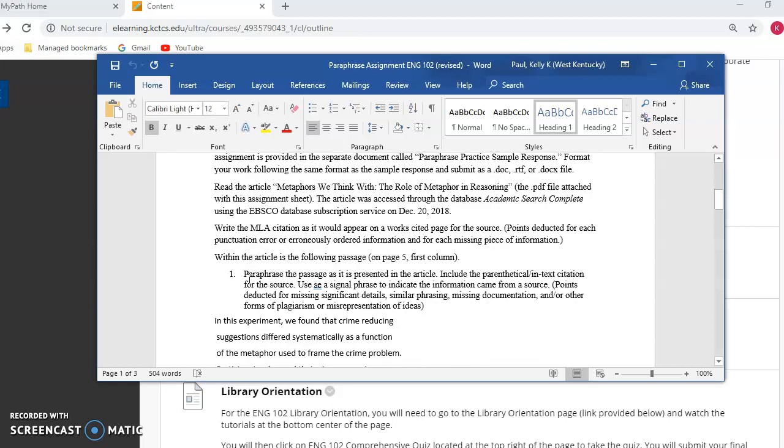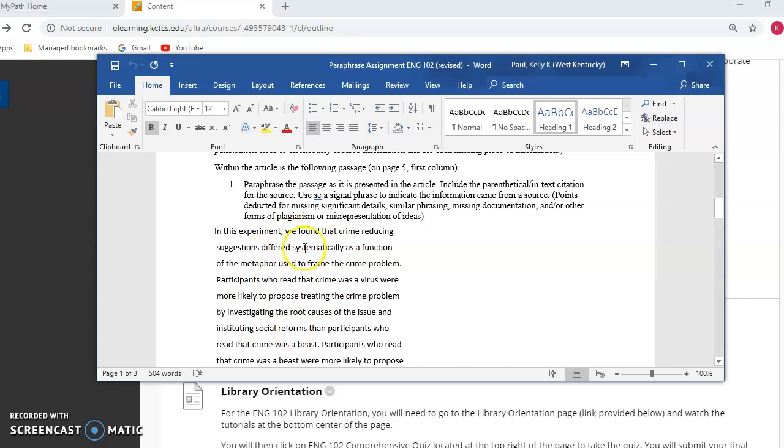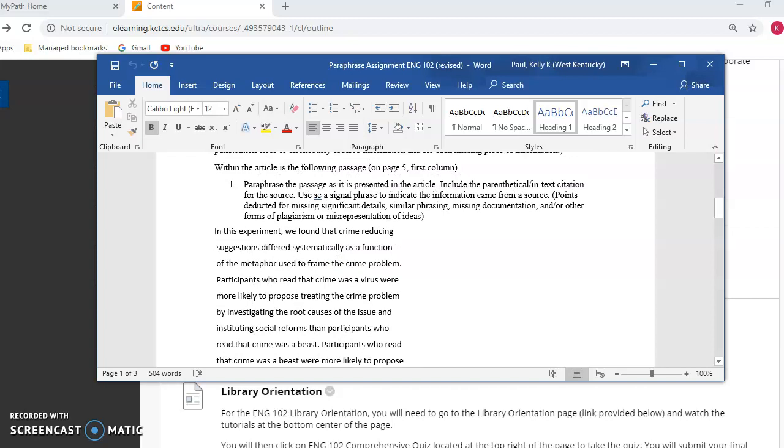Okay, and then for number 1, you're going to paraphrase just this passage right here. So what you'll be doing is you're going line by line, and you're moving around words, you're changing sentence structure, and you're also adding in a signal phrase. So that would be according to the authors, something like that.